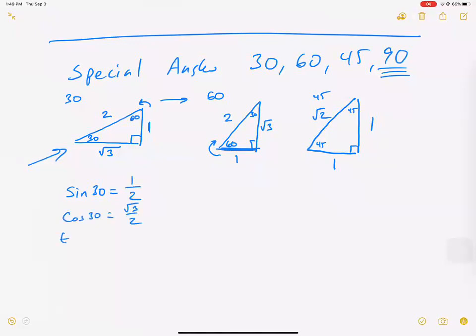What's the tangent of 30 degrees? That's 1 over square root of 3, which can be rewritten as square root of 3 over 3. What is the sine of 60 degrees?